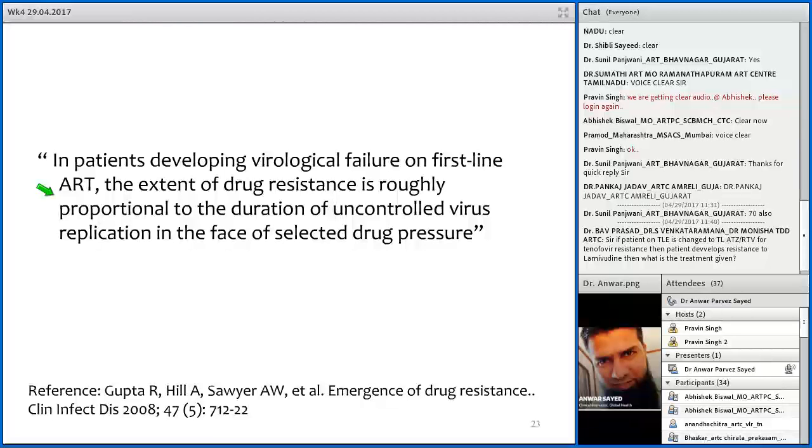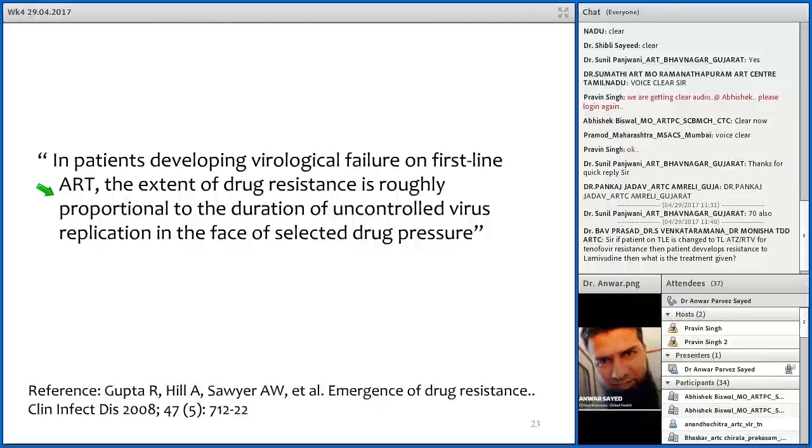But suppose there is a problem with adherence and there is development of first line ART failure, and resistance has developed. Now, you improve adherence, and the patient is adherent to treatment for at least 6 months, but still you are seeing the decline in CD4.